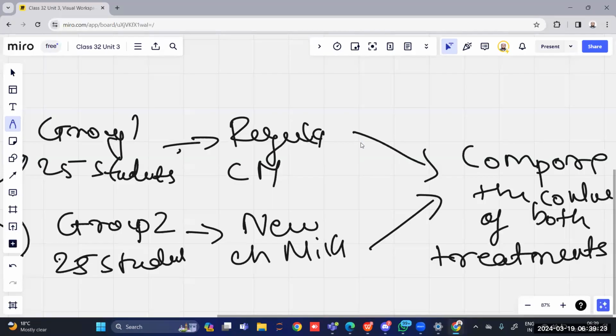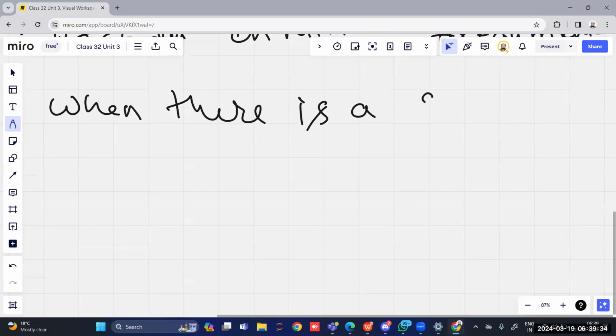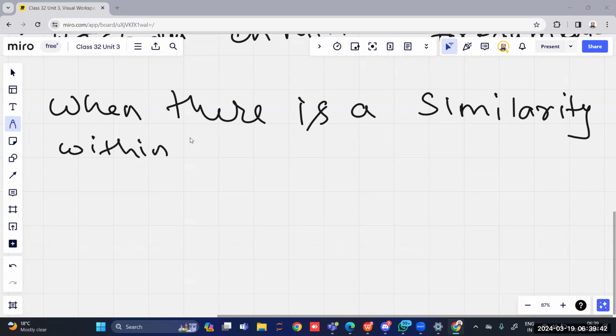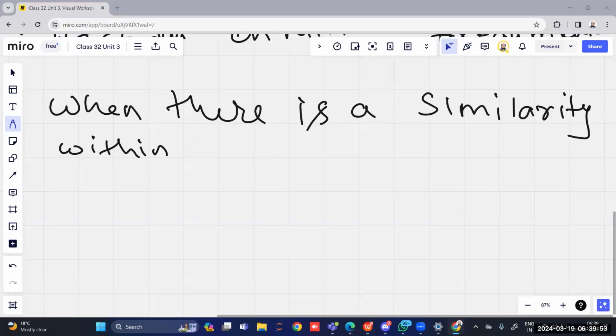So when there is a similarity within but different between.